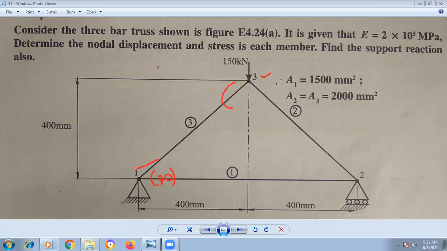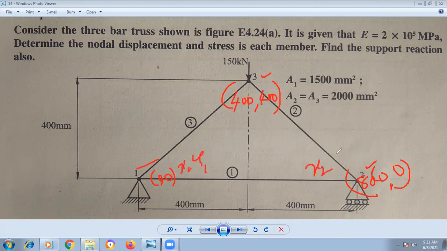Similarly, can anybody tell me the coordinates of node 3? 400, 400. X is also 400, and Y will also be equal to 400. So you know how to write the coordinates, because this will be x1, y1, x2, y2, and x3, y3.